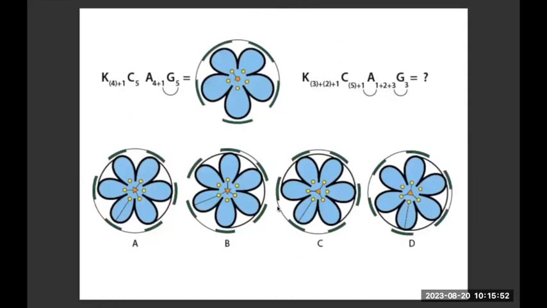So here you are given some sort of a formula, K C A G, and using this formula, this kind of form is given. What you have to find is, if I were to use this formula, what will be the resultant form? If this is the correlation that I am establishing here, what will be the correlation established with this formula?